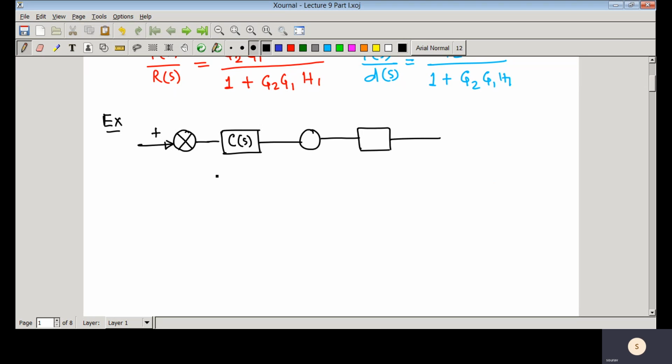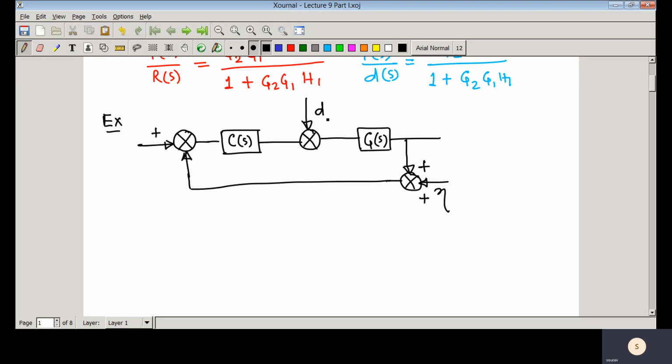So this is a simple block diagram of a closed loop control system, and here you can see that noise entering at feedback path. So this is that noise, and here you have that G(s).